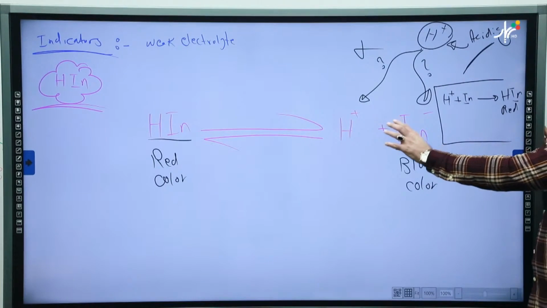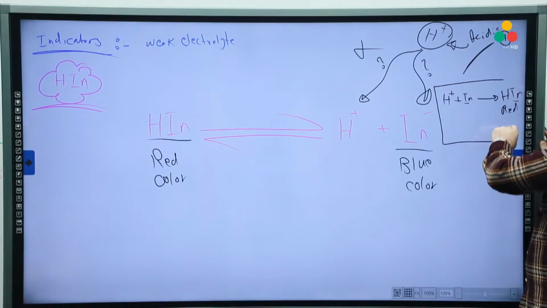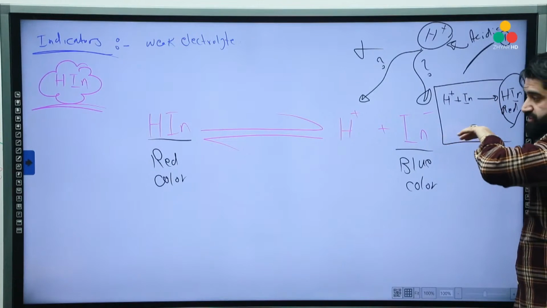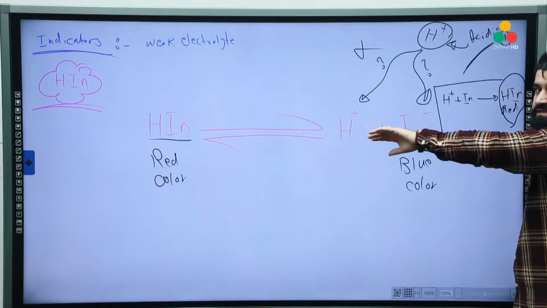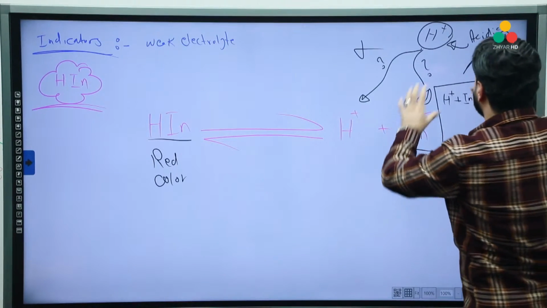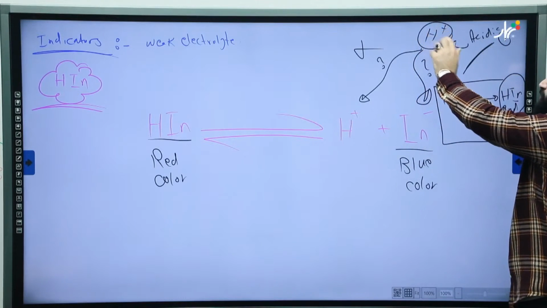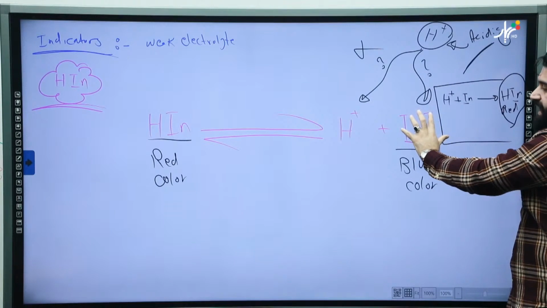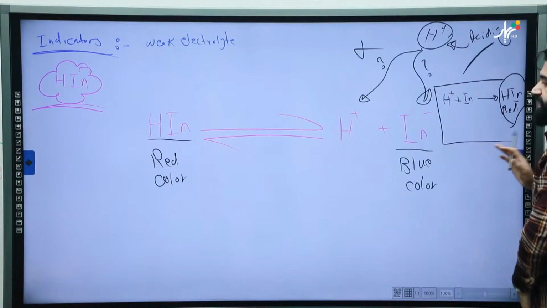So when we put an indicator into an acidic medium, formation of HIn increases. That means dissociation or ionization decreases, because the H plus produced by the acid will react with In. So In acts as a Bronsted-Lowry base.